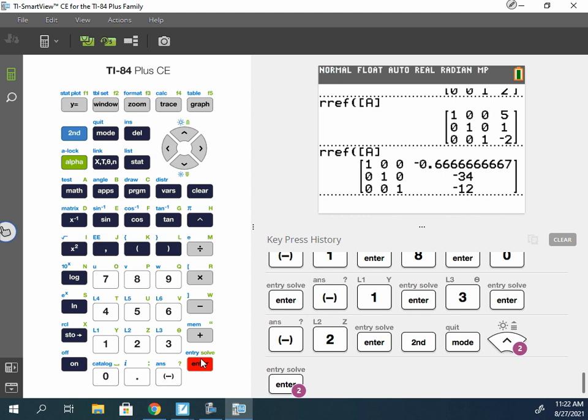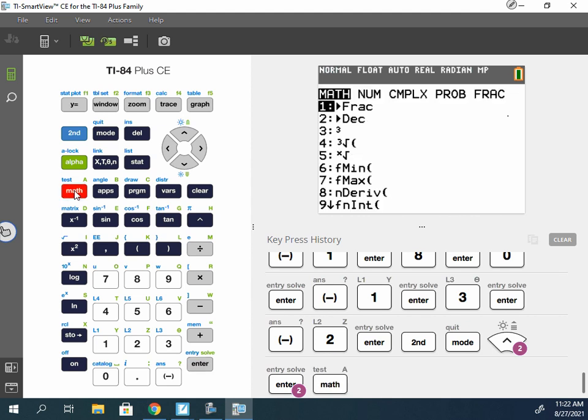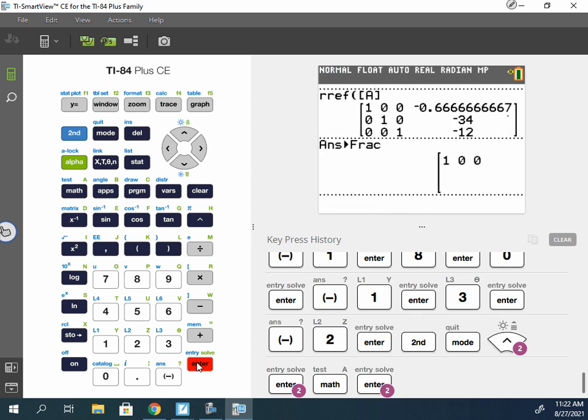So really, once we typed in RREF matrix A once, as long as we keep redefining what matrix A is, I can keep reusing that over and over again. Now, if we notice that there is a decimal number for the answer, if we go math, have FRAC selected, hit enter, enter, it will change the numbers inside there to fractions for us.